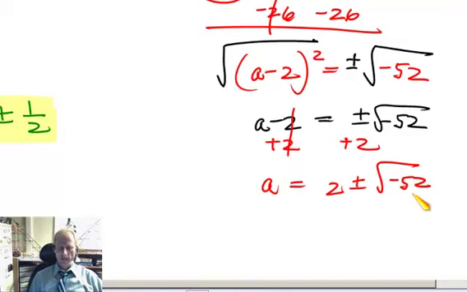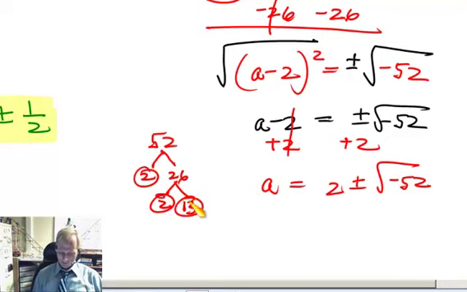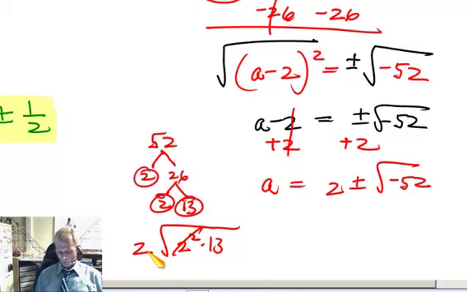So I know that I can simplify 52. It's divisible by 4, and if I do a factor tree of it, I'm going to get 2 and 26, and 2 and 13. So that means 52 is really 2 squared times 13, or 2 root 13.